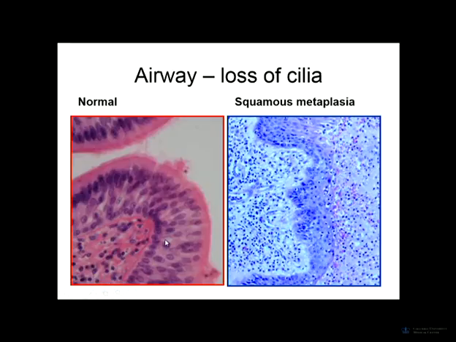You shouldn't really see that many. Here, instead, the epithelium looks like the epithelium of skin. It's squamous. And squamous epithelium, stratified, even producing some keratin at the surface, does not have cilia. And so such an epithelium no longer provides the mucociliary elevator that's needed to clear the mucus.